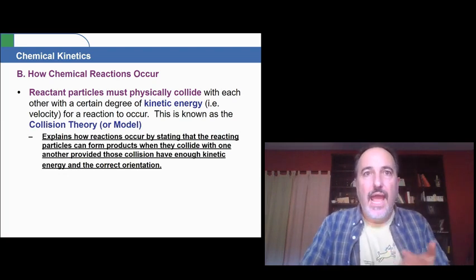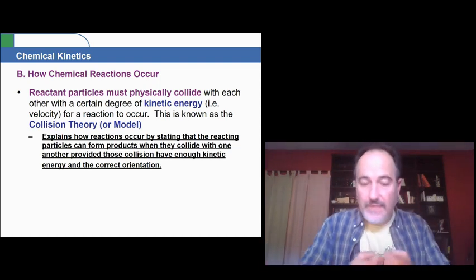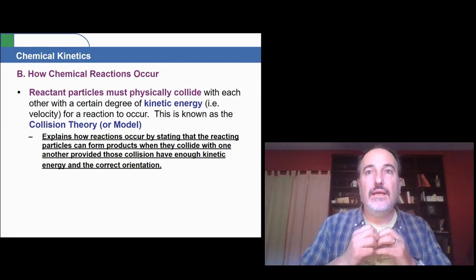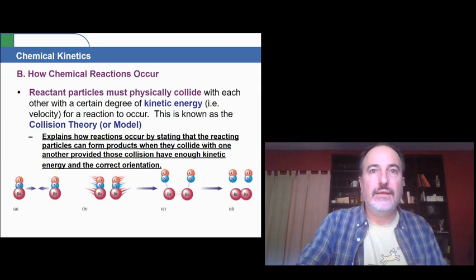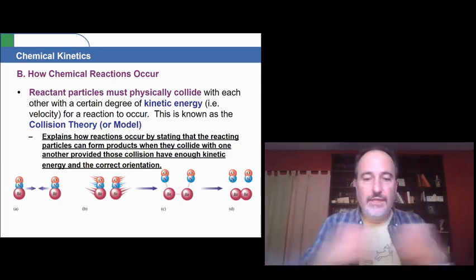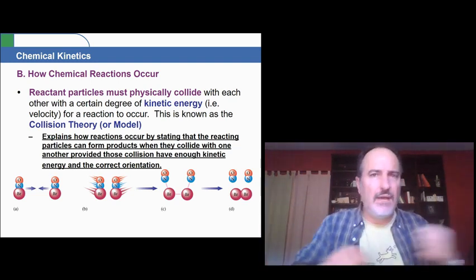All right, and as I said, this concept of explaining how reactions actually occur is known as the collision theory. And particles basically need to hit each other hard enough and with the right orientation to break their bonds. That's the trick, okay? So when you have two molecules, they're hitting each other. If they're not moving very fast, they might hit each other, bounce off, nothing happens.